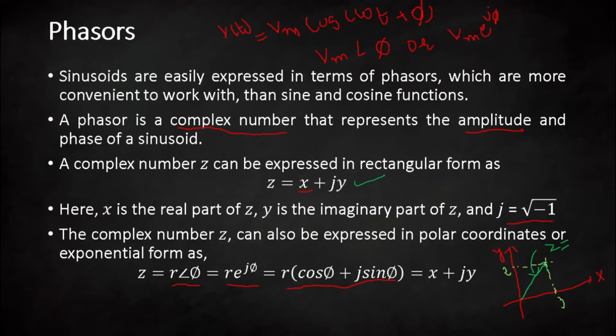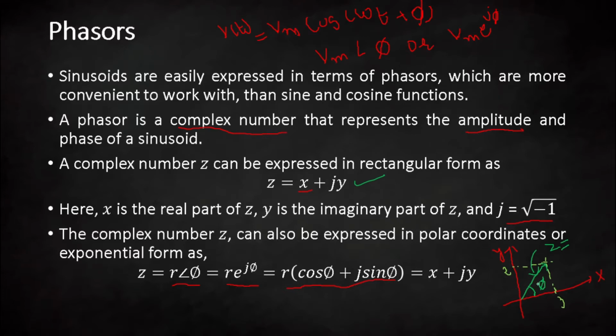Now you can find the magnitude of this vector, and also you can find the phase angle phi of this vector. Okay, now we're going to discuss how you can find the value of phi and the magnitude of this vector in the next slide. Okay, so you can easily represent any complex number in terms of its real part and imaginary part.